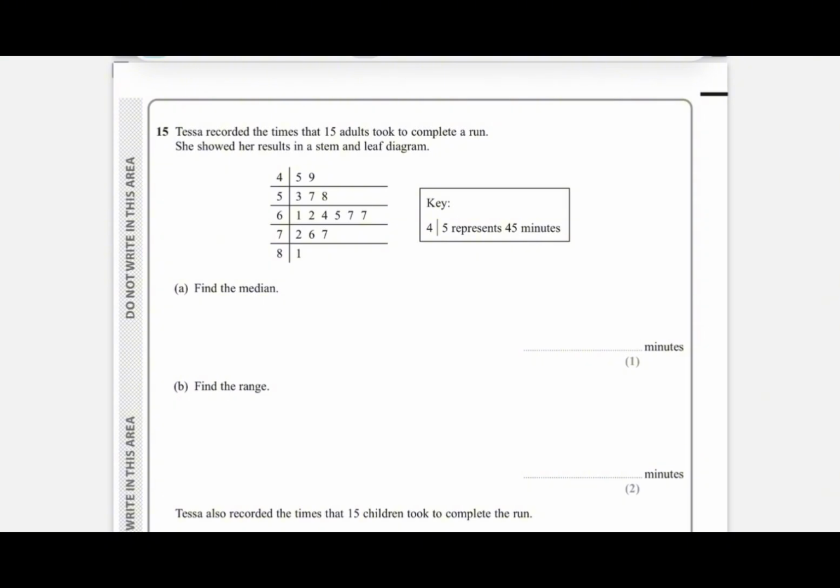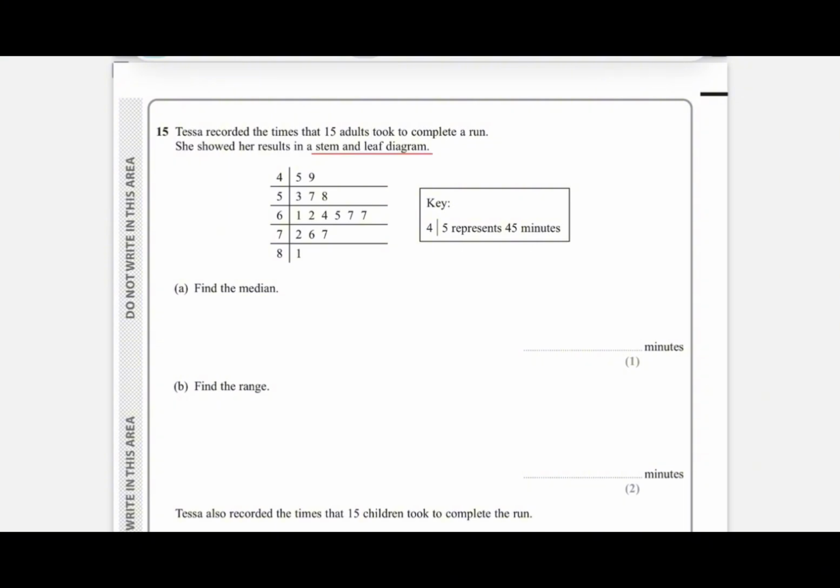So in this question, it says that Tessa recorded the times that 15 adults took to complete a run. She showed her results in a stem and leaf diagram. So first of all, we need to understand what a stem and leaf diagram is. It's just a way of recording statistics.